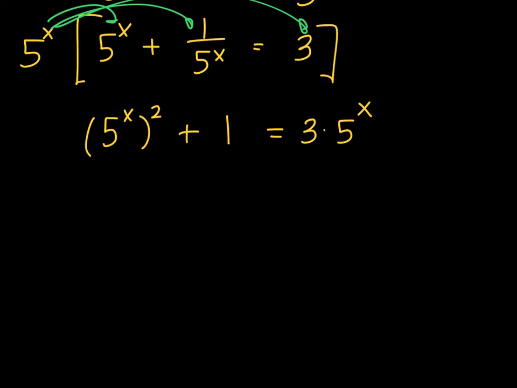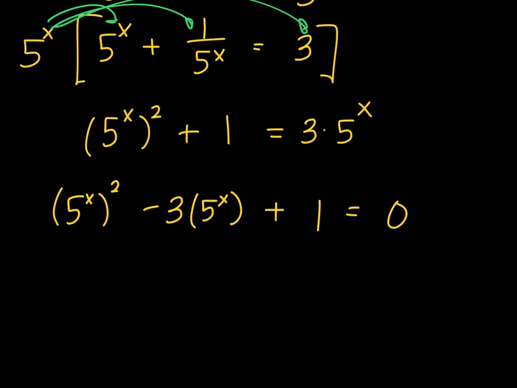First you need to set it equal to 0. How do we do that? Subtract. So 5 to the x squared minus 3, with this 5 to the x in parentheses, plus 1 equals 0. So this is a polynomial: something squared minus something plus something else equals 0. It has a square and it's equal to 0.